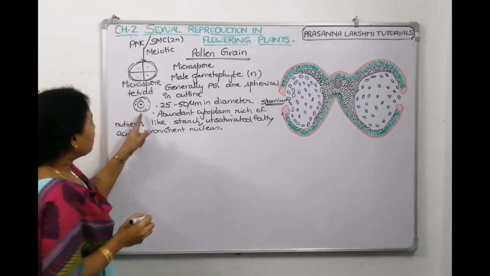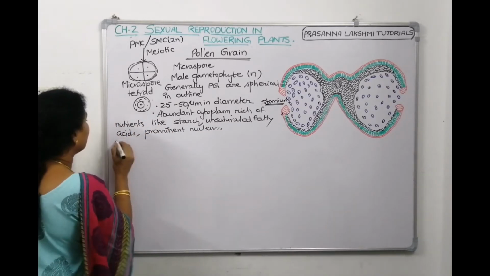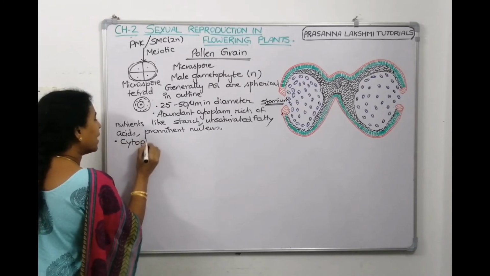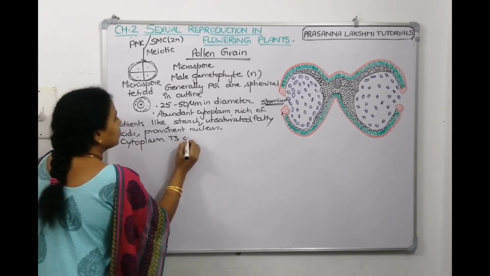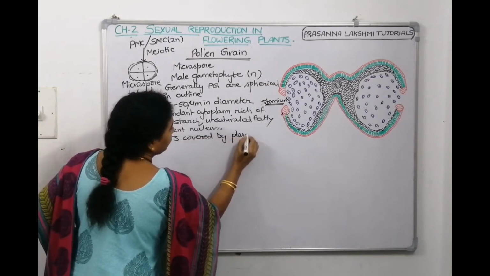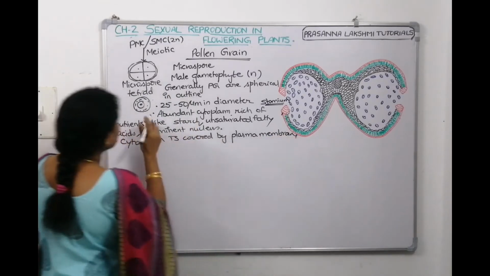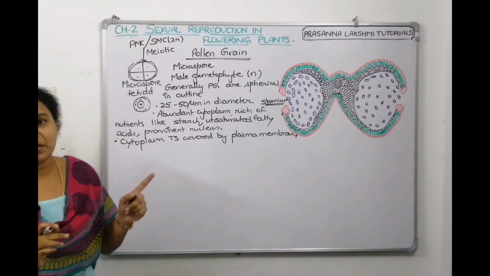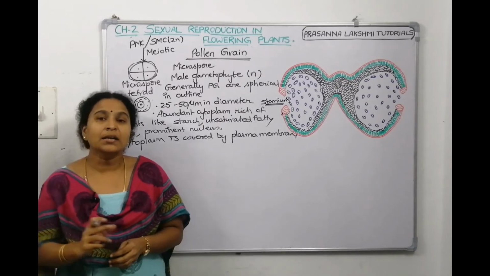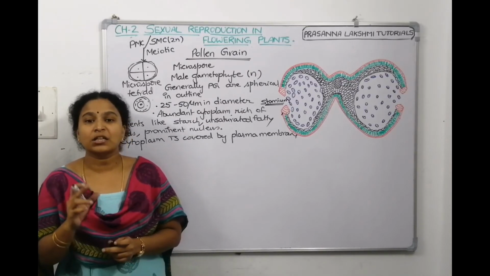Now, the membrane surrounding this pollen grain is called the plasma membrane. The cytoplasm is covered by the plasma membrane. The pollen grain is further covered by a coat that we call the sporoderm.